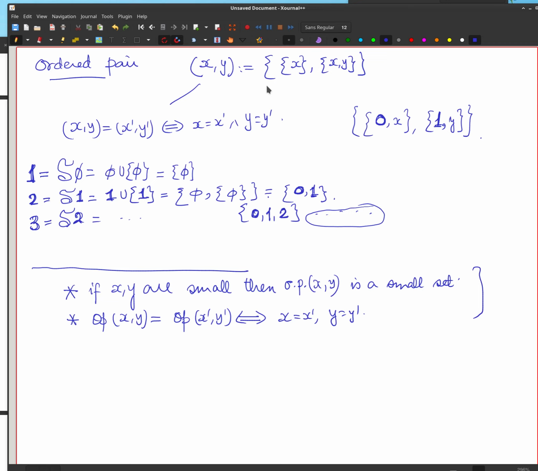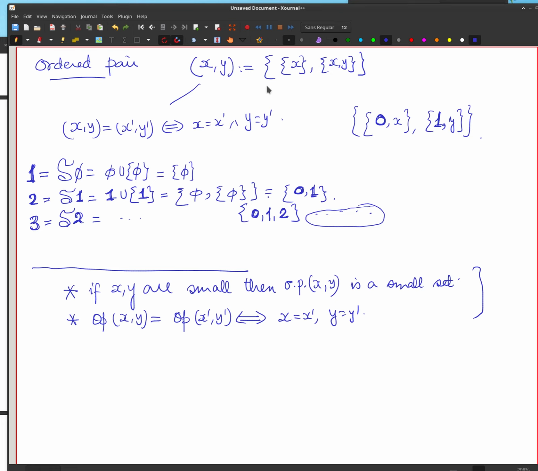The successor of a small set is small, and then if you have a large set, there was a place where we did this. 3.1.5 says that if you take the product, that means the usual things that we do, if you take two sets and take the set of all ordered pairs coming from those sets, then that is a small set.